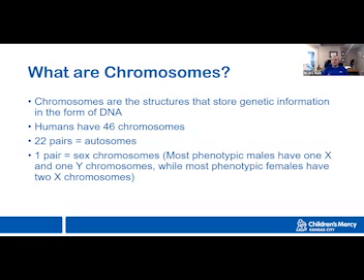Most phenotypic males have, and again, phenotype meaning what a person appears like, most people with male physiology have one X and one Y chromosome. Most phenotypic females have two X chromosomes. Now I say most because there are exceptions, like there are exceptions to literally everything in genetics.